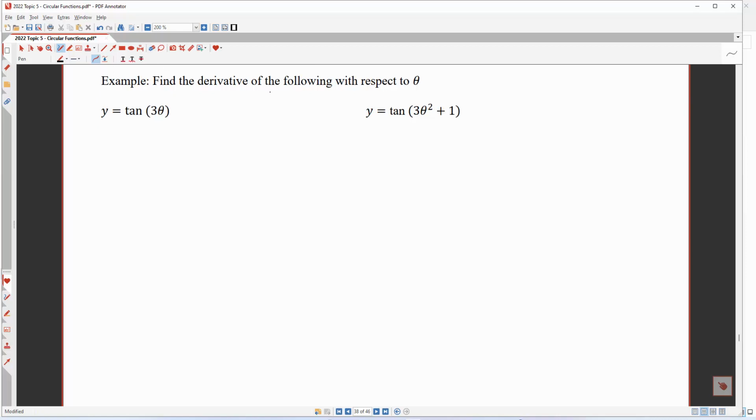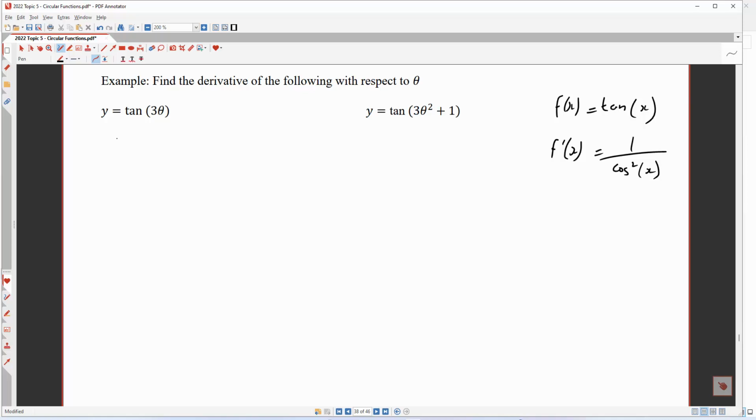Find the derivative of the following with respect to theta. Okay, so just a reminder about tan. If f of x equals tan of x, then f dash x will be 1 over cosine of x all squared. All right. So this one here is the tan of 3x.